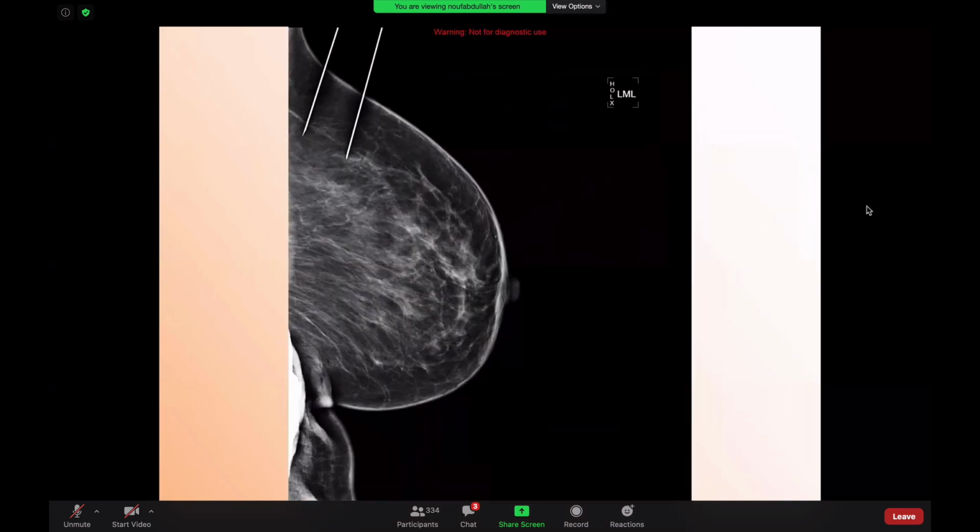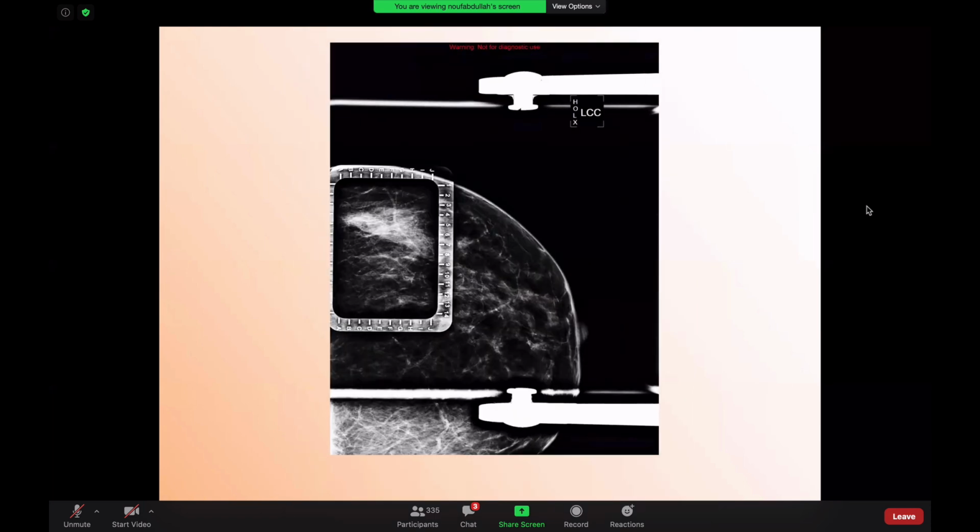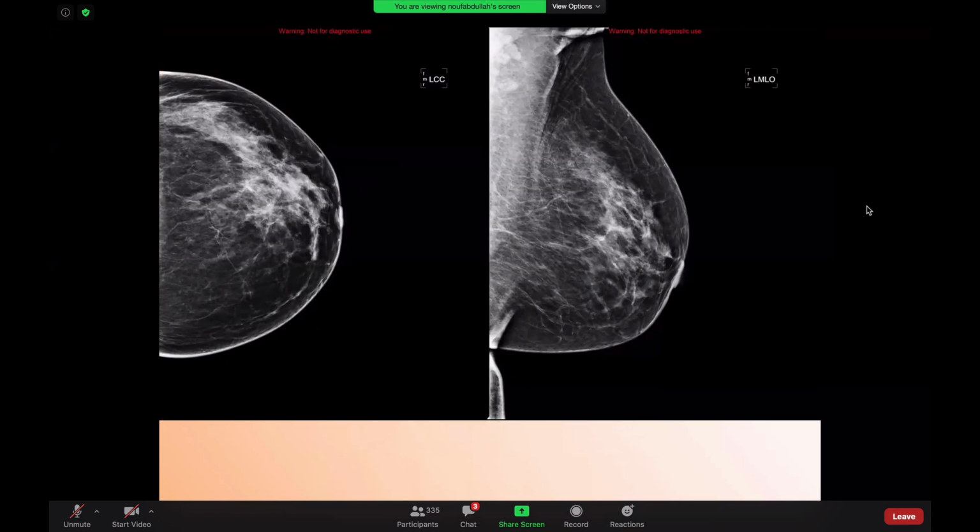So generally speaking, when do I use stereotactic guided biopsy? Stereotactic guided biopsy is usually used to biopsy microcalcification that is not associated with masses, or it can be used for an area of architectural distortion that you don't see on ultrasound, or it can be used for biopsy of a mass that is seen on mammo, but I cannot identify it.